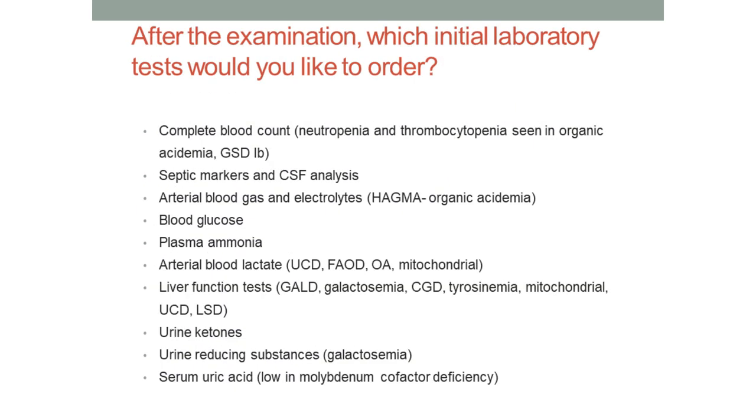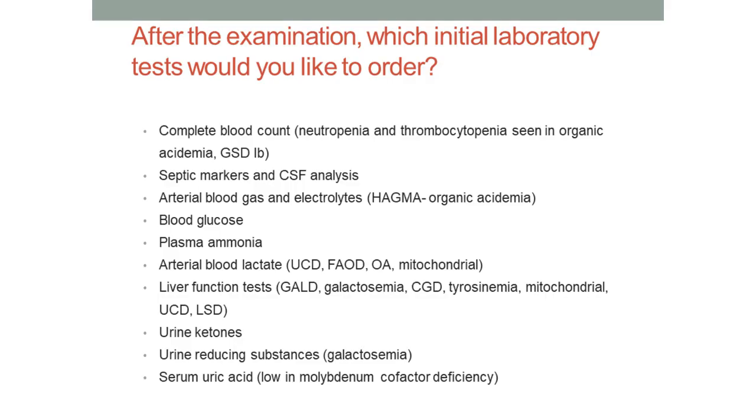After examination, which initial laboratory tests do you want to order? So it should be CBC, definitely, to rule out sepsis. But in certain IEMs, you have specific hemogram findings, like neutropenia, which can be seen in organic acidemias and in GSD type 1b. Thrombocytopenia can also be seen in organic acidemias.